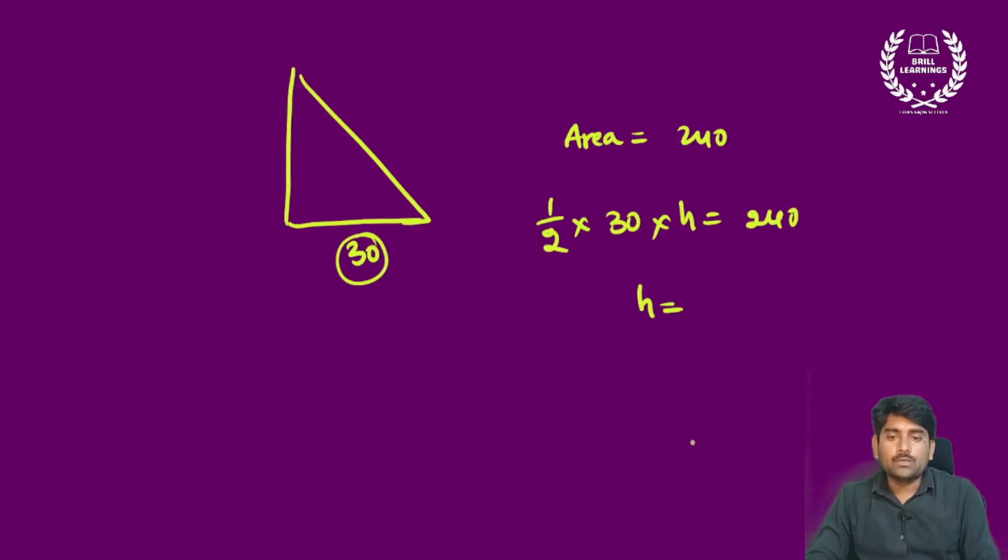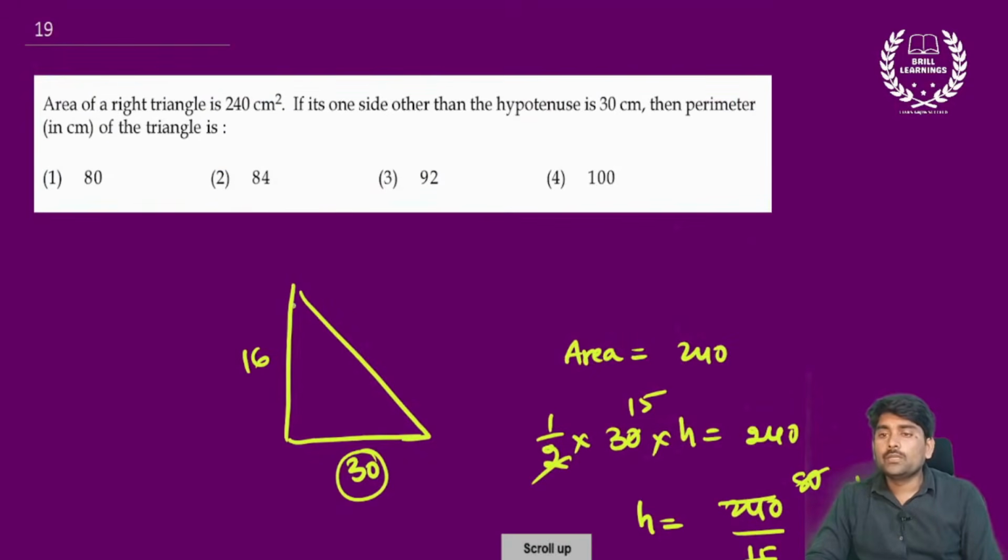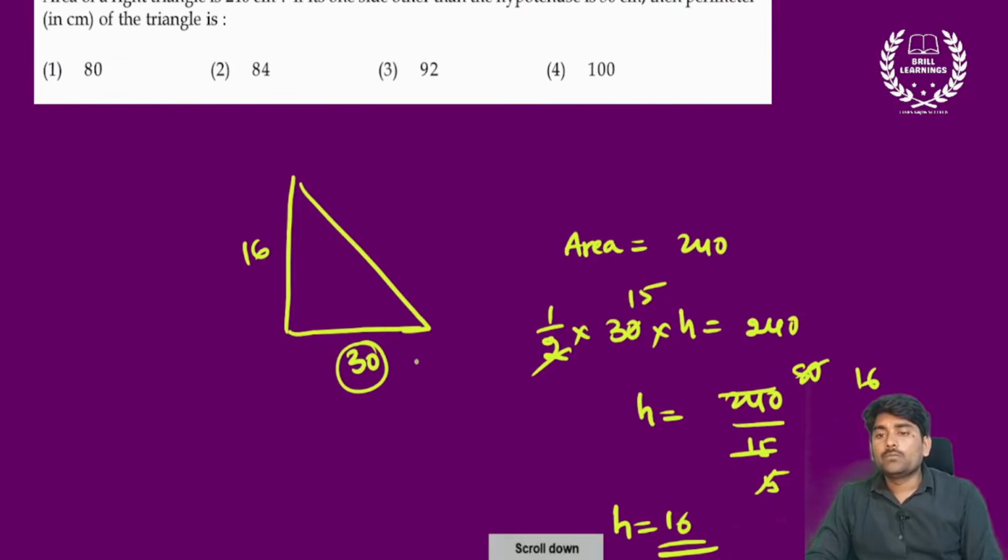From here we can calculate the value of h. 240 by 15 is 16, so h is 60. Now we need to find the hypotenuse.